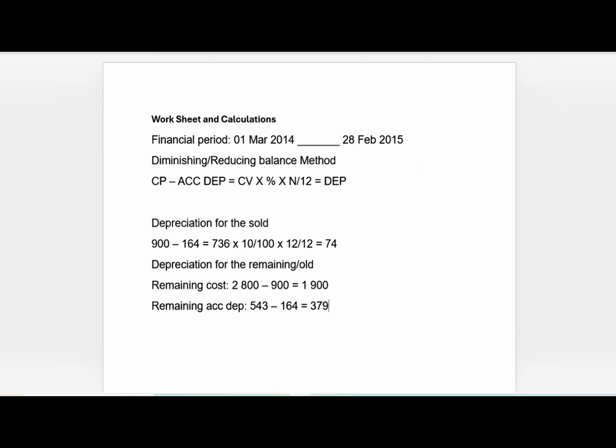So now, after getting this remaining cost and the remaining depreciation, we can calculate depreciation for the remaining equipment or old equipment, right? Our remaining cost is 1,900. We less the remaining accumulated depreciation of 379. How much is our carrying value? Remember, we are following this formula.